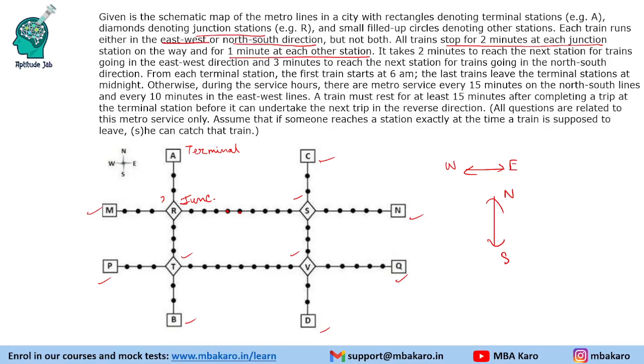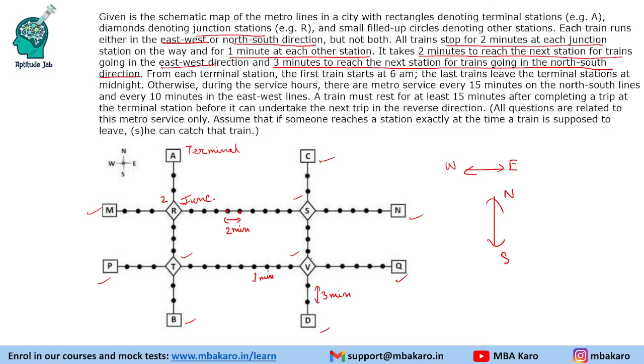So the stop time is 2 minutes at a junction, and in any of the other stations, the stop time is 1 minute. It takes 2 minutes to reach the next station for trains going in the east-west direction. So between any 2 points, you need 2 minutes, and 3 minutes to reach the next station for the trains going in the north-south direction. So there is a 3-minute duration between these two stations.